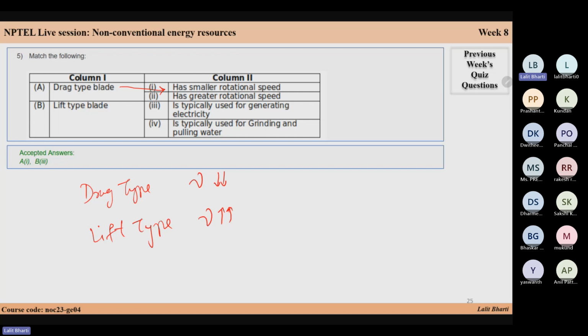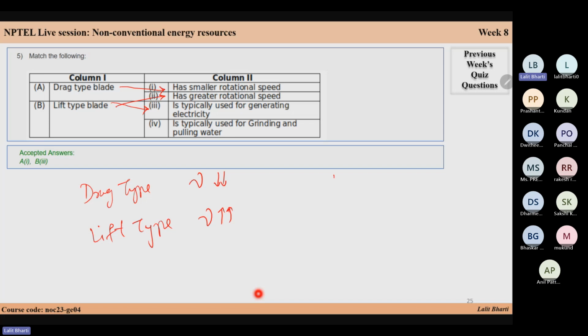Then, which is typically used for generating electricity and which is typically used for pulling? B is typically used for generating electricity, because we know the rotation speeds are high.